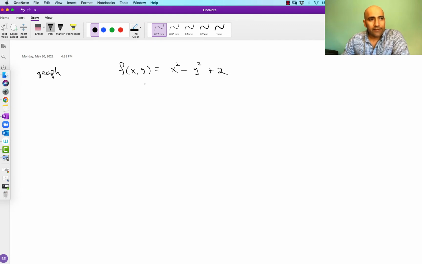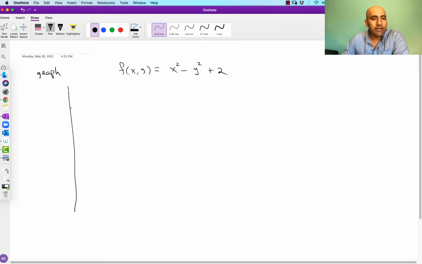We need to figure out relationships between input-output values. So if you don't have technology, the only thing you could do is just create a table, come up with values of x and y. Remember, these are independent values. And then you put them in your equation and find the corresponding output value, right?